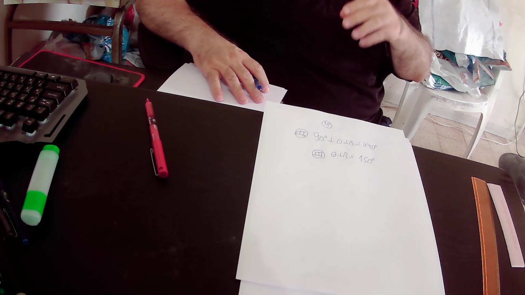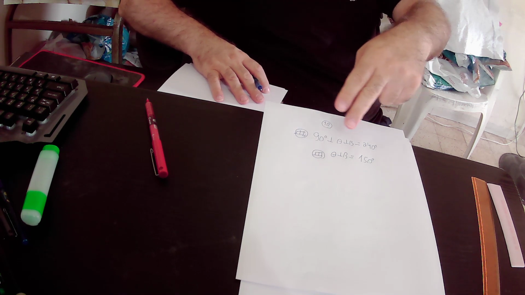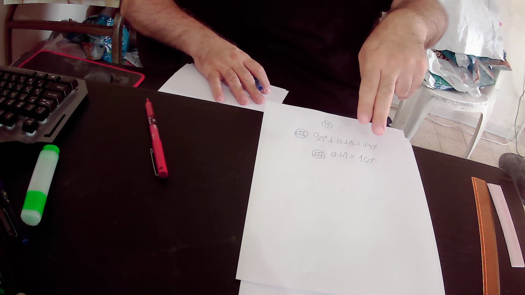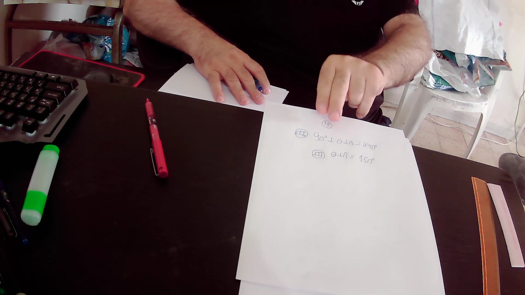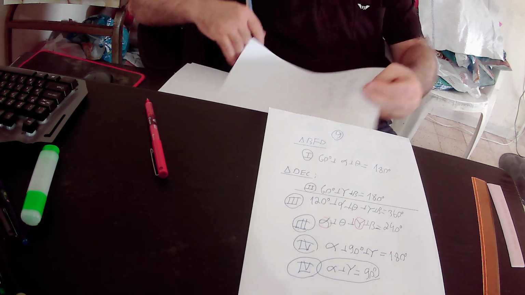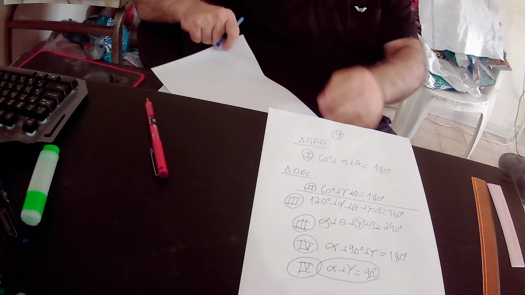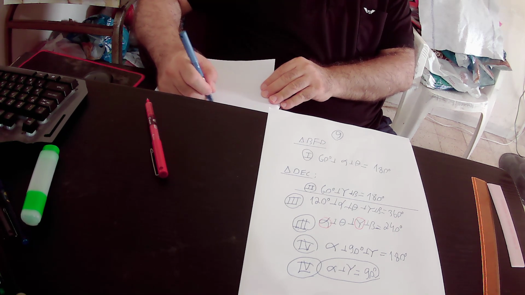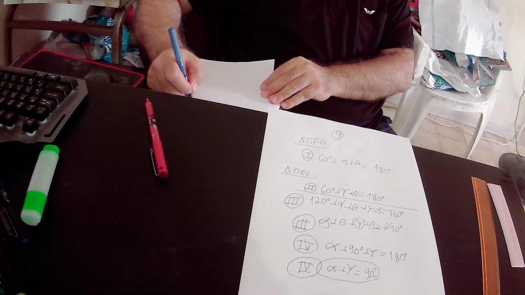Okay, here in the third equation we will subtract theta from both sides of the equation, and we will get that beta equals 150 degrees minus theta.